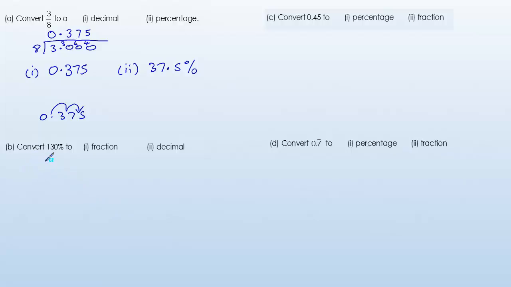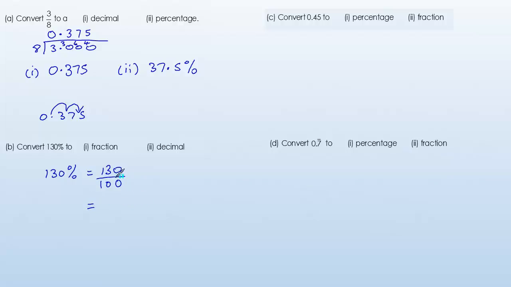We want to convert 130% to a fraction and a decimal. Now remember that percent means out of 100. So 130% is 130 out of, which means divide, by 100.